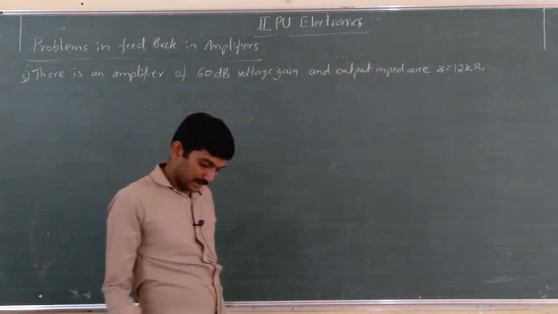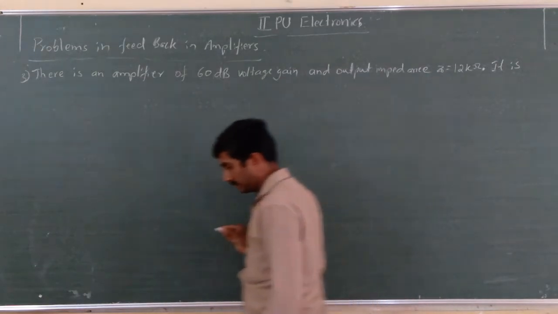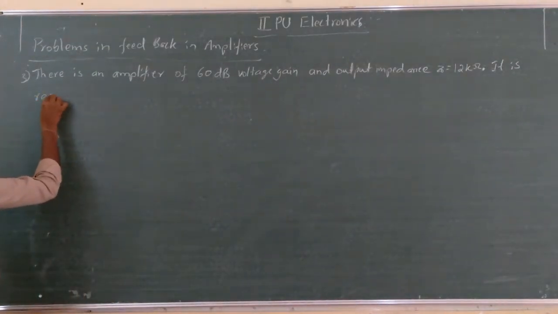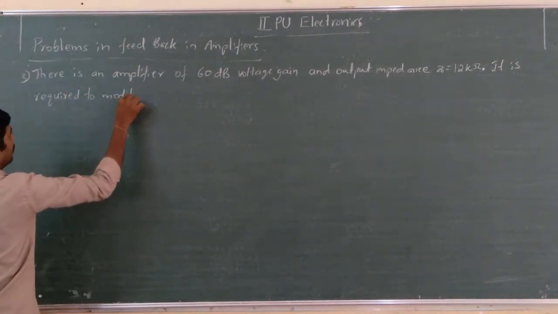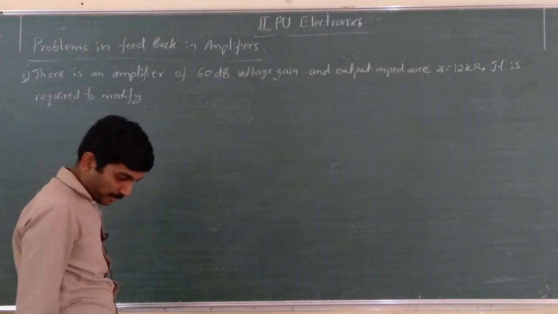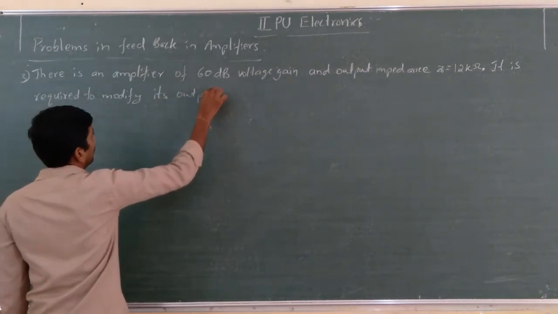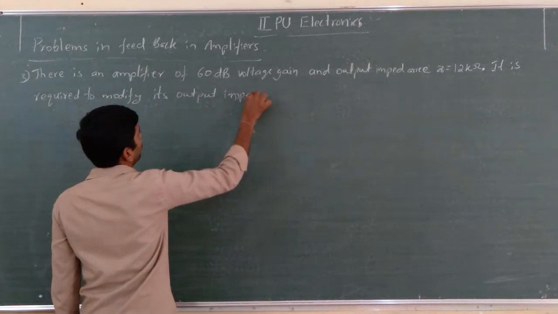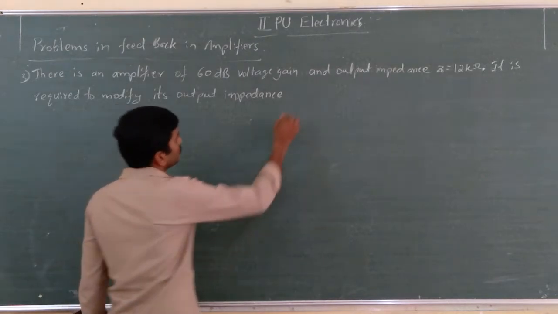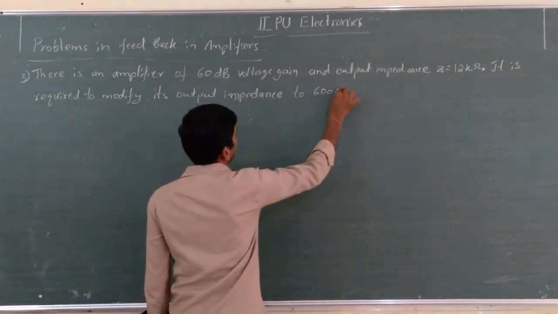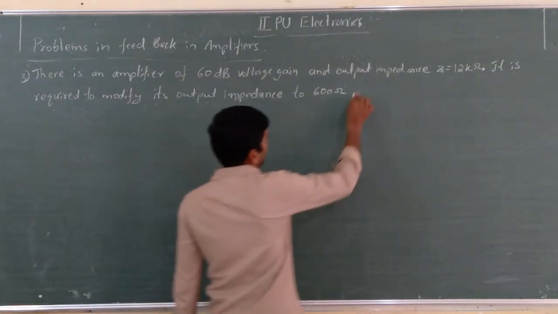It is required to modify its output impedance to 600 ohm by applying negative feedback.